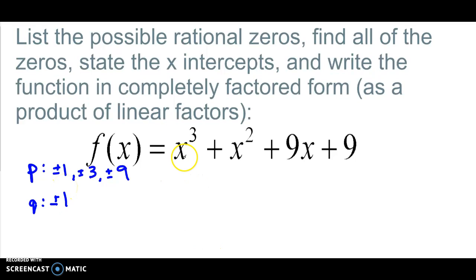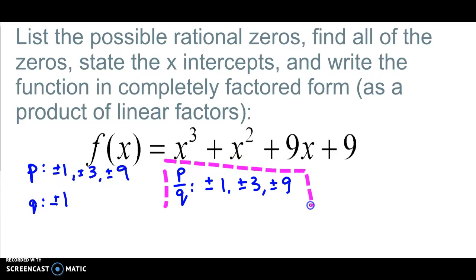So then my possible rational zeros would be p over q, which is basically going to be 1 over 1, 3 over 1, and 9 over 1, which is 1, 3, and 9. So that's one part to answering the question. Let's have you guys find the x-intercepts and then write the function in completely factored form. Go ahead.